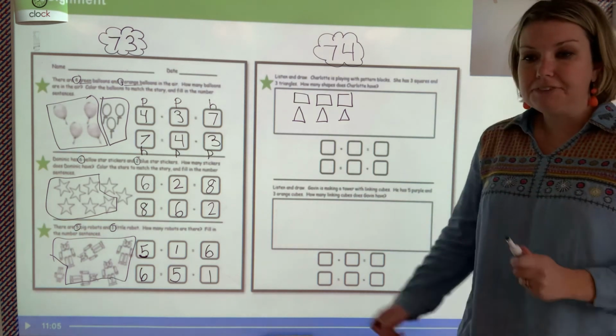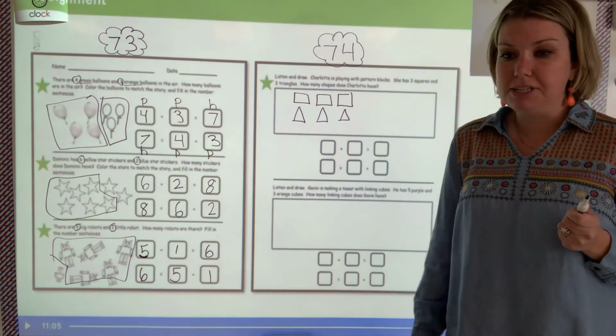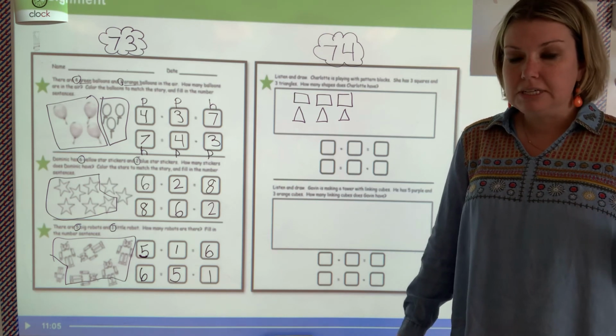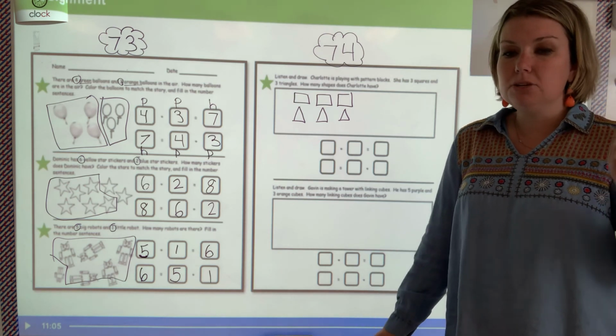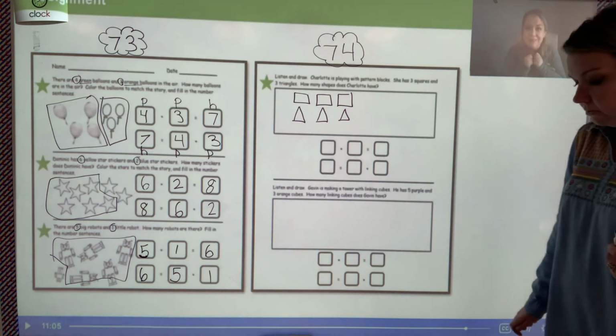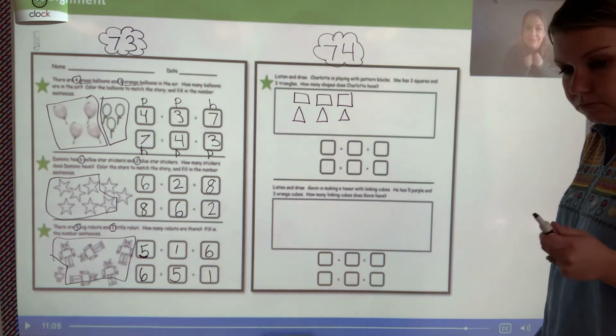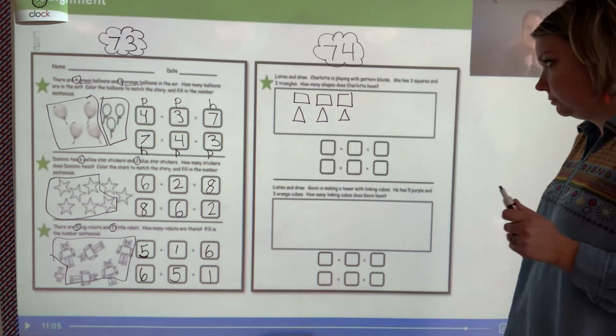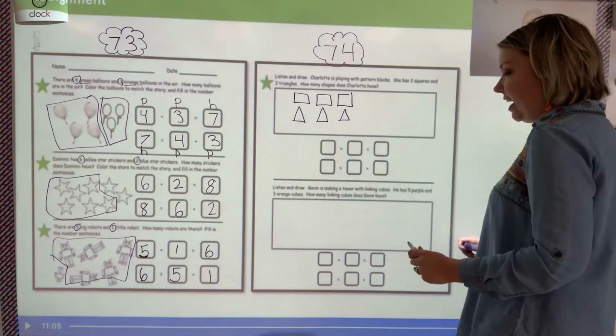Okay, so, help me out here. I've got my picture. Now I forgot what to do. I need some help. John-Yun, can you please help me? 3 plus 3 equals 6. Wait, that was too fast.